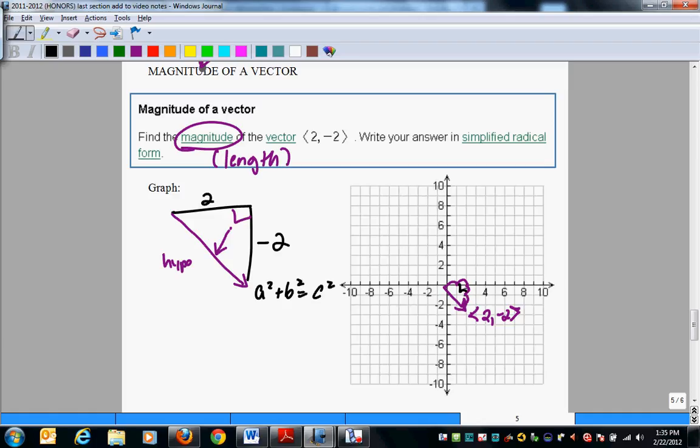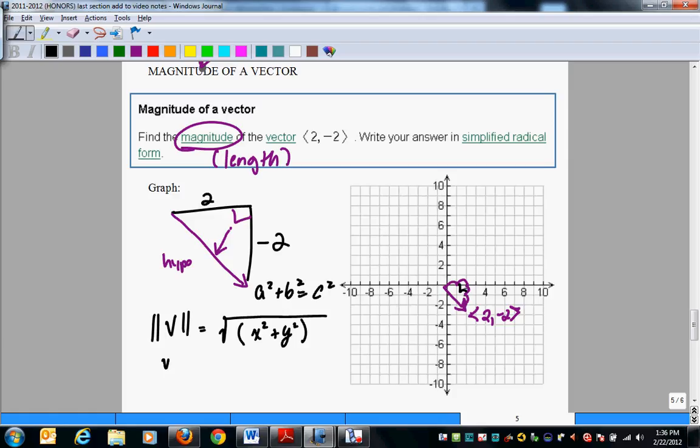The way you represent this using vectors is we say the magnitude of a vector, and you use this double slash, equals the square root of your x coordinate squared plus your y coordinate squared underneath the square root sign.